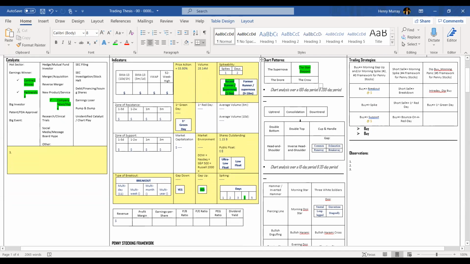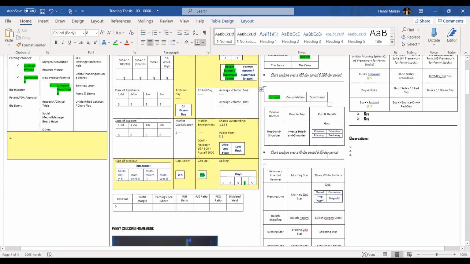Next parameter: is the stock in an uptrend? Is it consolidating? Is it in a downtrend? It is in an uptrend, spiking for 4 days. If we look below, there are other chart patterns you can identify to help you further formulate your thesis, such as in the intraday or over the 3 month.